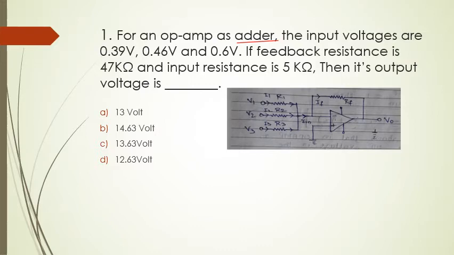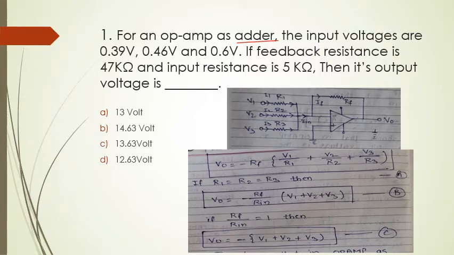Okay, now this circuit is having three equations. The first equation A is when R1, R2 and R3 are not equal, then we have to use equation A for the output voltage of this circuit.